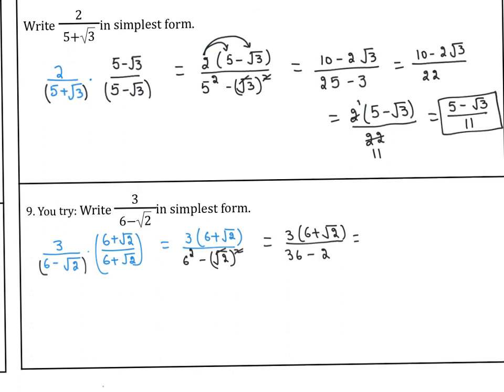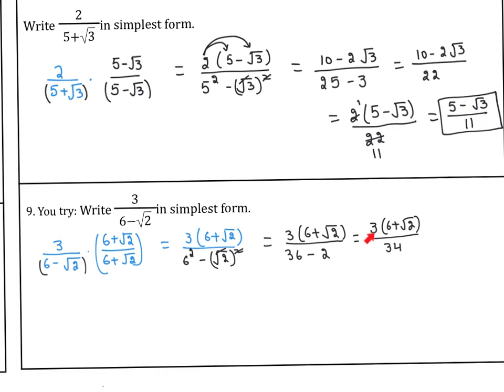Now you can see that I left this one as it is. I didn't distribute because I want to make sure that what I got on the bottom is not reducible. If it is not reducible, I will distribute. Otherwise, I will reduce these two numbers. So I have here 3 times 6 plus square root 2, and on the bottom I have 34.